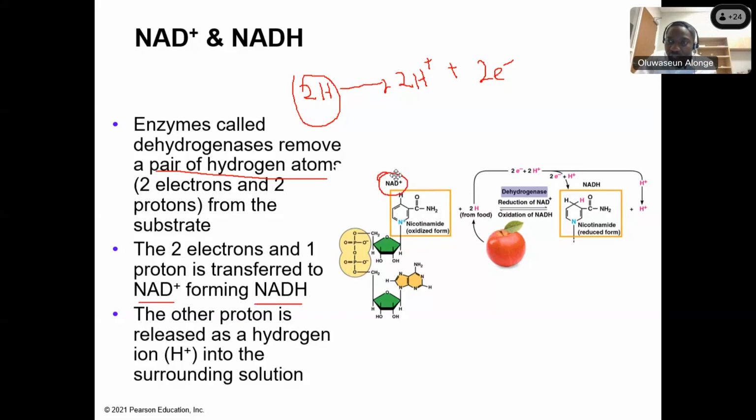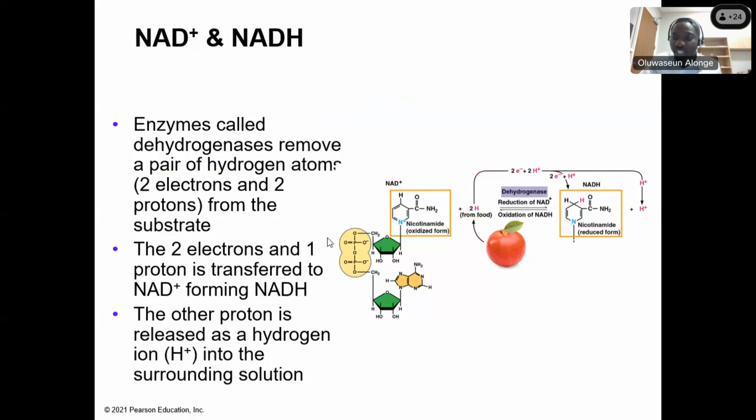We call it the electron acceptor. Then this guy comes here, and now you have 2 electrons and 2 hydrogen ions, and then it goes ahead and joins with NAD plus to form NADH. This is now called the electron carrier. It's carrying electrons now. It's no longer an electron acceptor, it's now an electron carrier.